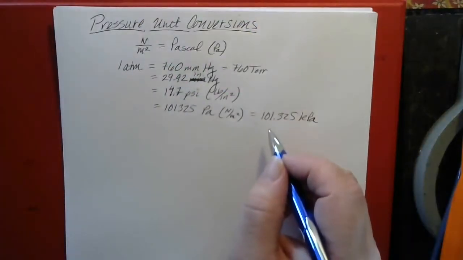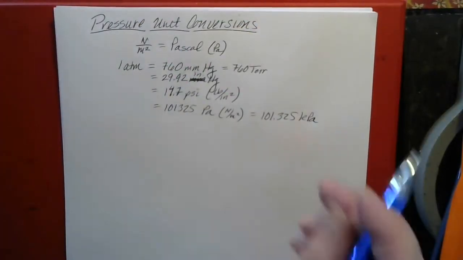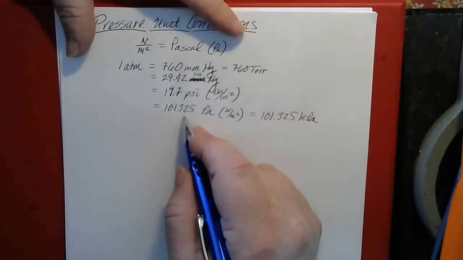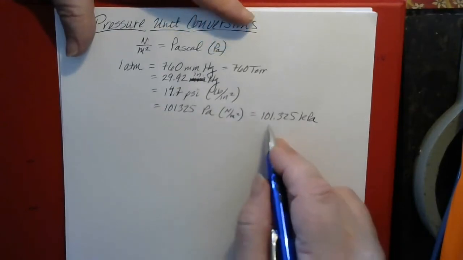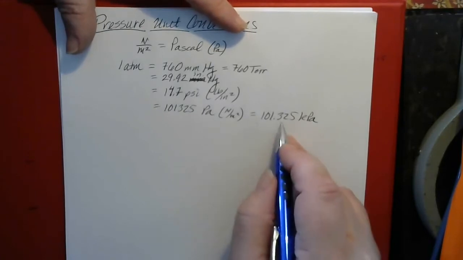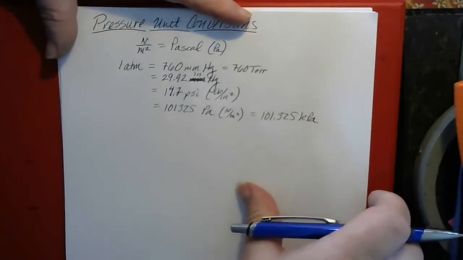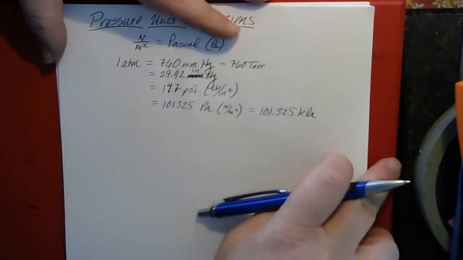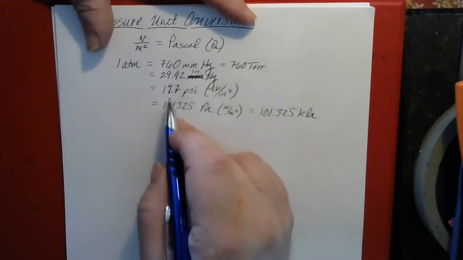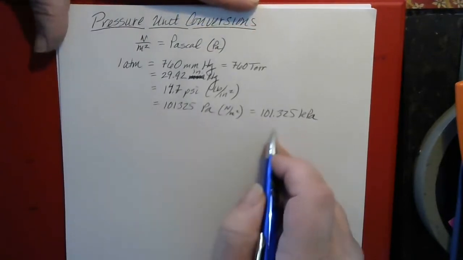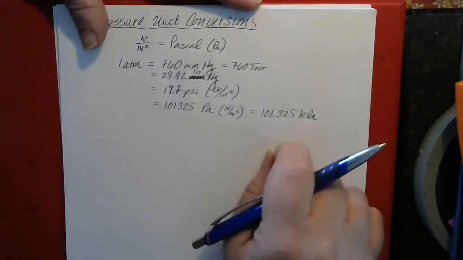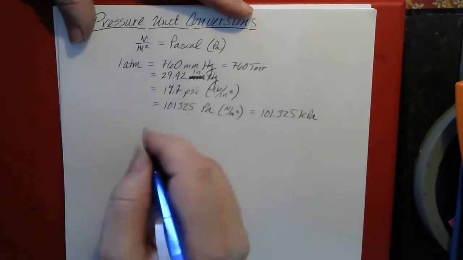And because Pascal is a metric unit, you can also use metric prefixes with it. So 101,325 is kind of a big number. A lot of times pressures are given in units of kilopascals. So 101.325 kilopascals. Quite likely, if you look at the sidewall of the tires on your car, you'll find the recommended pressure not only in pounds per square inch, but also in a certain number of kilopascals. And that's because that's the official SI unit of pressure.